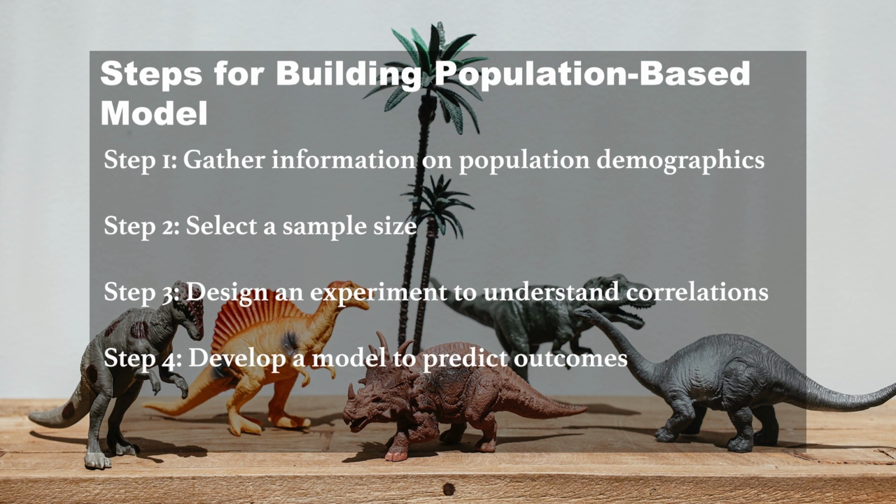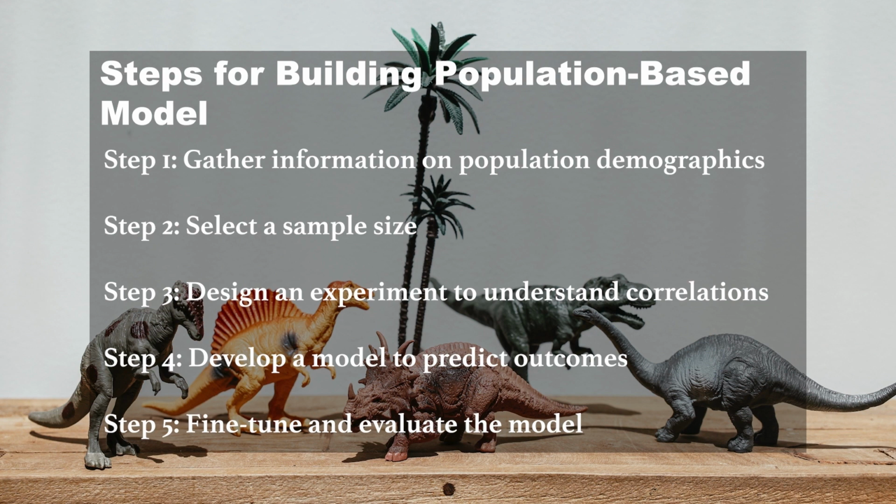Then the next step, select a sample size. Once you have identified the population of interest, it's time to select a sample size to represent it. Consider factors such as the type of data you need to gather and the cost of collecting it when deciding on a sample size.